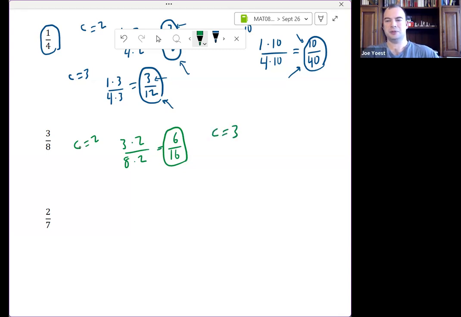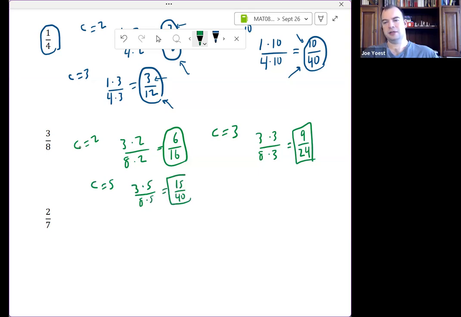If I pick c equals 3, again, I'm picking that because it's an easy one to multiply by. I multiply by 3 in both the numerator and the denominator, the top and the bottom. 9 divided by 24. Or if I pick maybe c equals 5, 15 divided by 40.